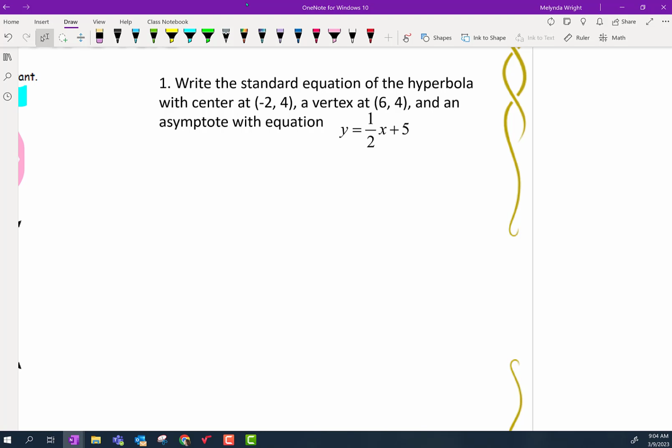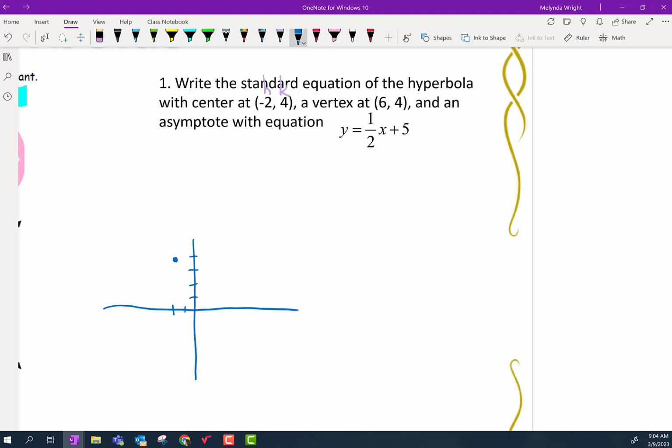Okay, so let's see what information we have. We have the standard equation of the hyperbola with the center -2, 4. So this is h and this is k. I'm going to start graphing it because that's what I do. It just helps me visualize what kind of hyperbola this is going to be. My center is at -2, 4.